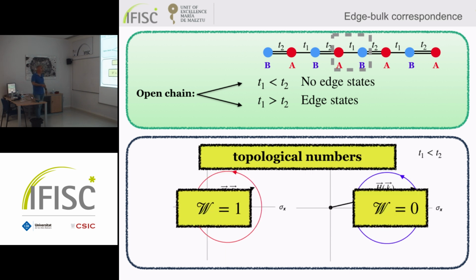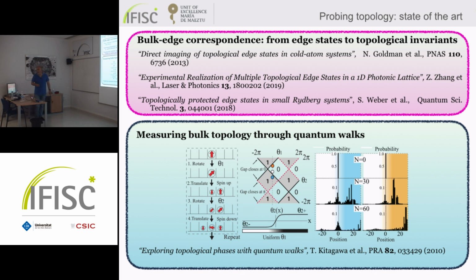So in one case, the winding number W is 1, in the other case it is 0. And there is a total correspondence between this number and this feature here and here. No edge state, W is 0; edge states, W is the number of edge states, 1. So this correspondence has been widely exploited.